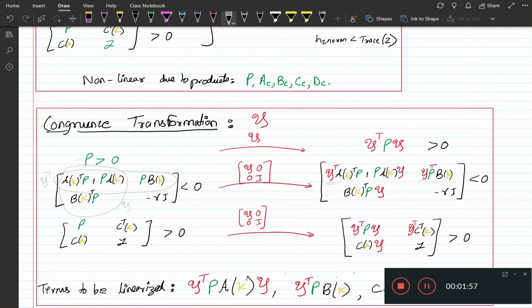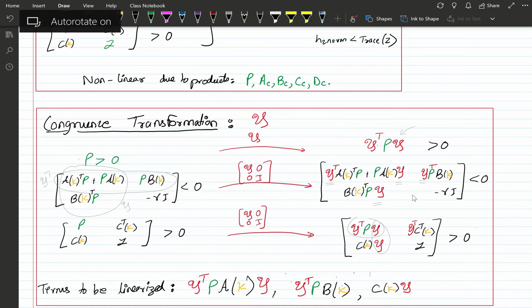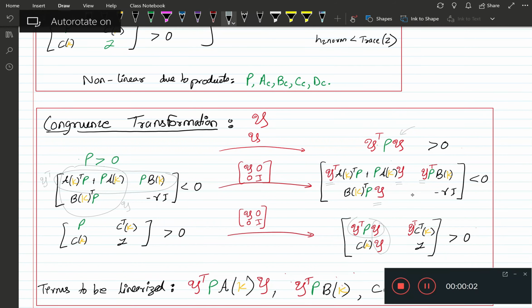We have Y transpose in the first row and Y in the first column from the right. Similarly, for the third inequality, we would have Y transpose PY again, which we already saw here, and then Y multiplying the first column from the right, and Y transpose multiplying the first row from the left.